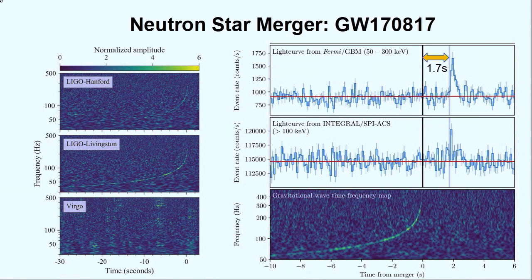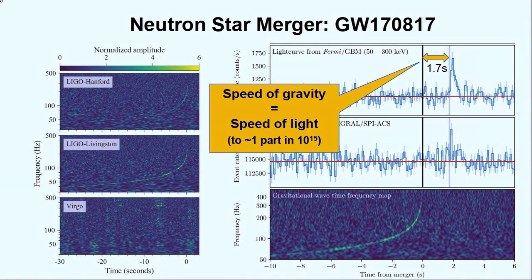The other thing we see overlaid on top here is the short gamma ray burst, and you can see that the gravitational waves came 1.7 seconds before that. So obviously you can immediately derive that the speed of gravity and the speed of light are the same to 1 part in 10 to the 15, since this was about 100 million light years away.